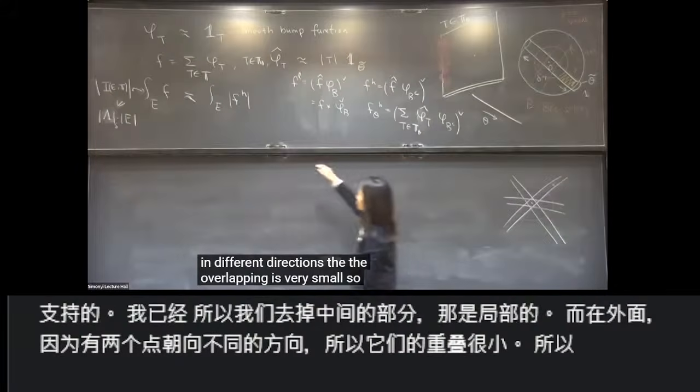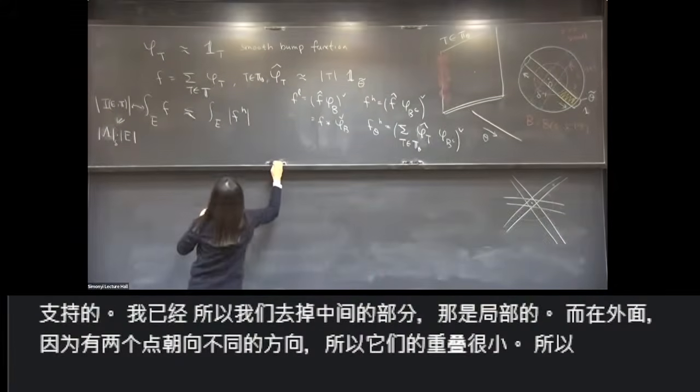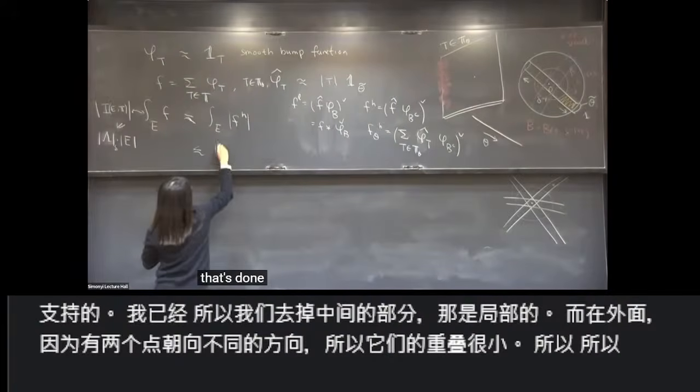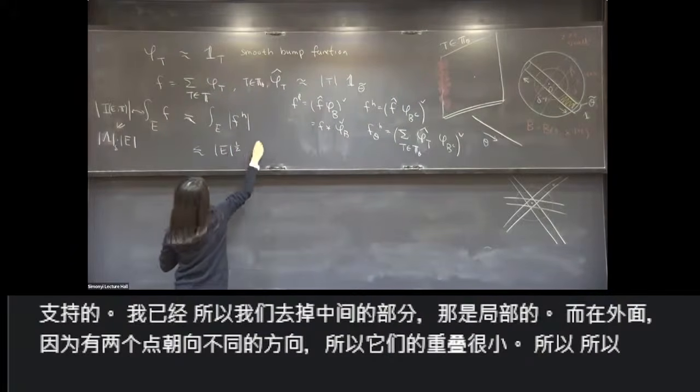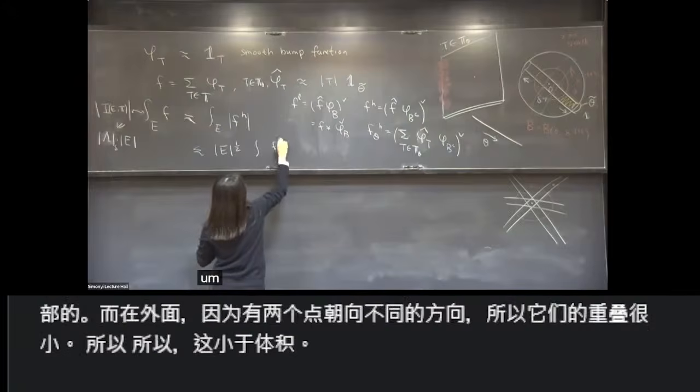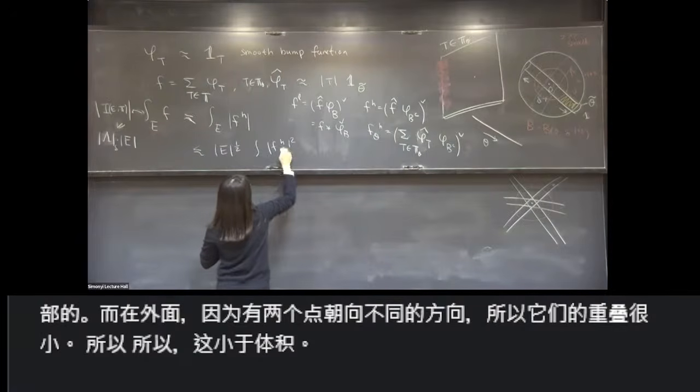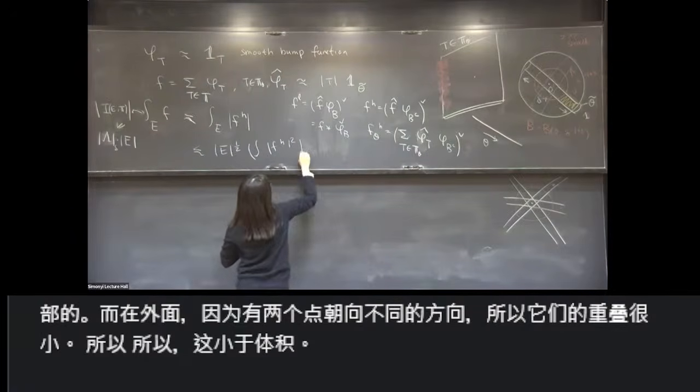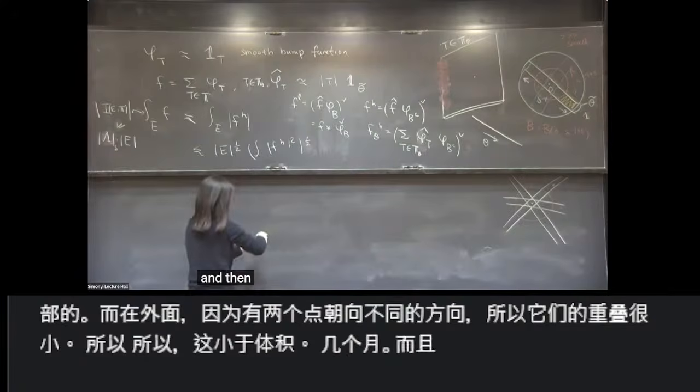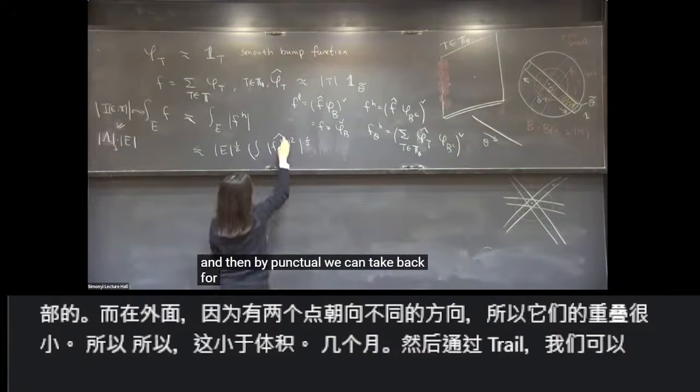So this is less than the volume of E to the 1/2. This is by Cauchy-Schwarz. And then by Plancherel, we can take the Fourier transform.